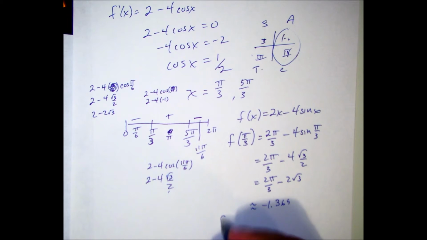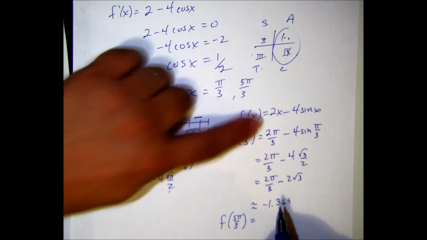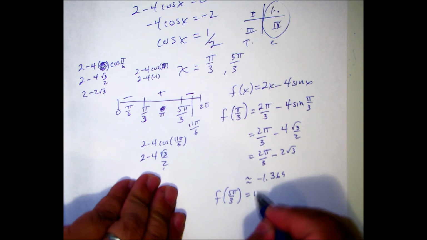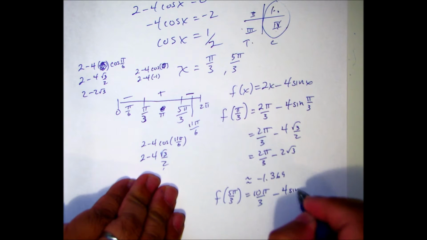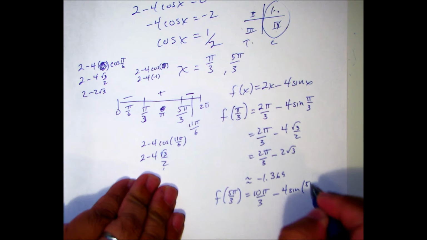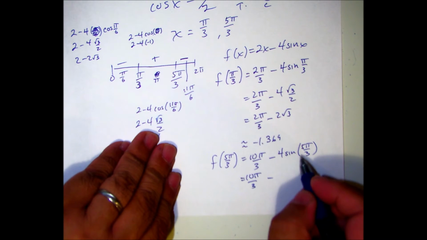And let's do the other one. F of 5 pi over 3. That's going to be 2 times 5 pi over 3, making it 10 pi over 3, minus 4 times the sine of 5 pi over 3. 10 pi thirds. This is getting too long. Sine of 5 pi over 3.